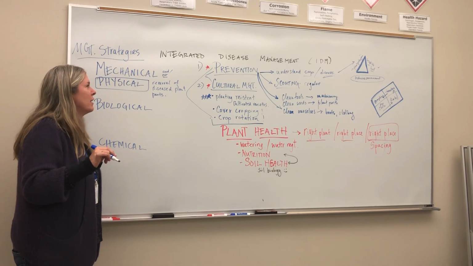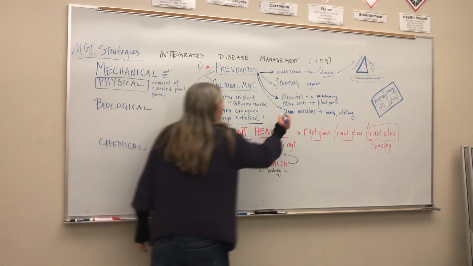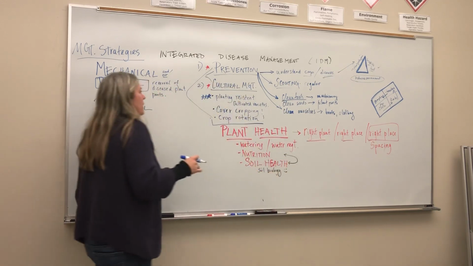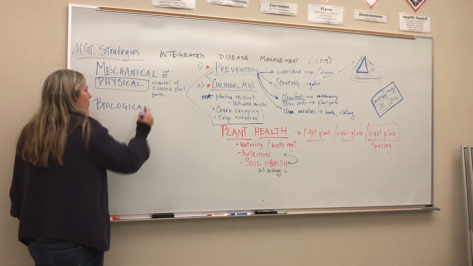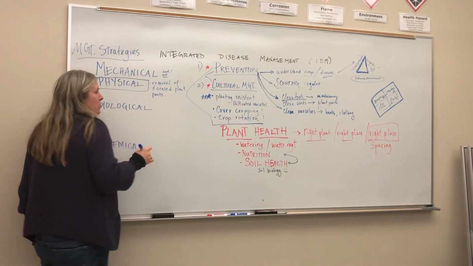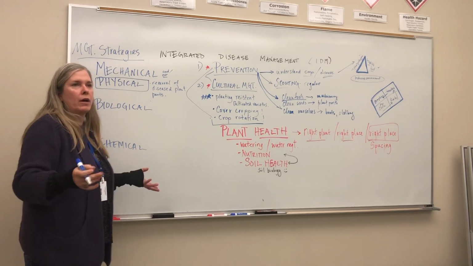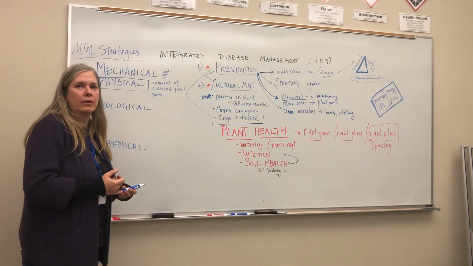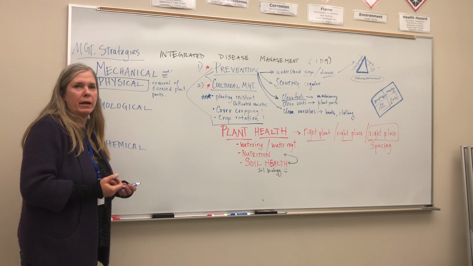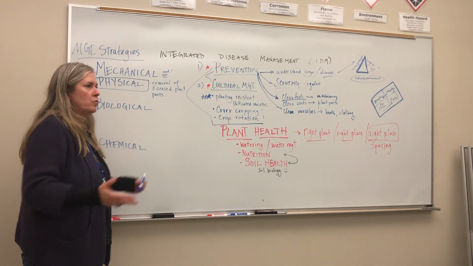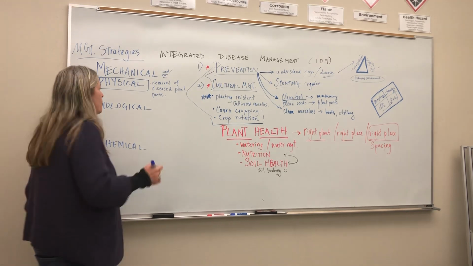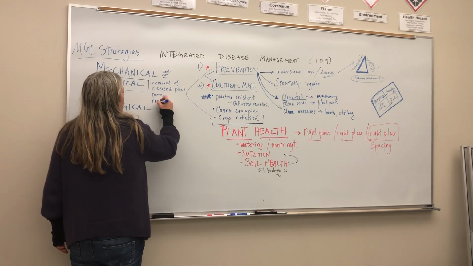I think I heard somebody say it, you're going to clean your pruners, right? Or your tool. Another way is you're dealing with, let's say, a wilt in your cucumber patch, and you come across some type of wilt. You're going to remove the entire plant.